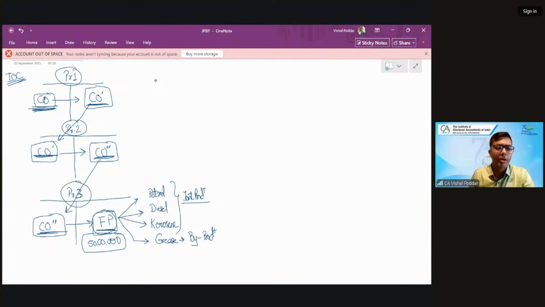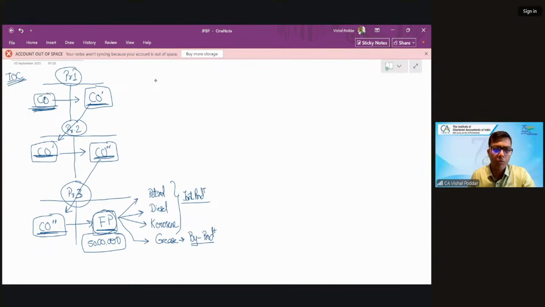So what is a joint product? Where 2 or more products arise in the same process. Jointly, they are created. They are called joint products. A byproduct is your waste, but in the market, it is also sellable. Hence, we call it a byproduct. So firstly, we understand conceptually what a joint product and a byproduct are. I hope this is clear to all.